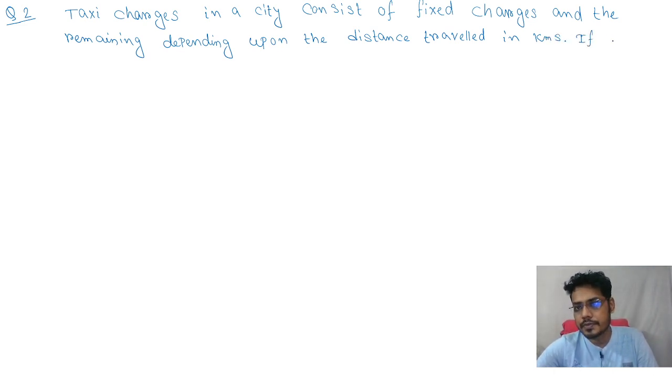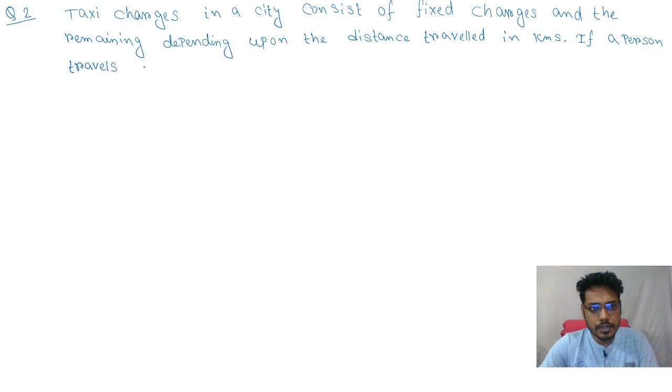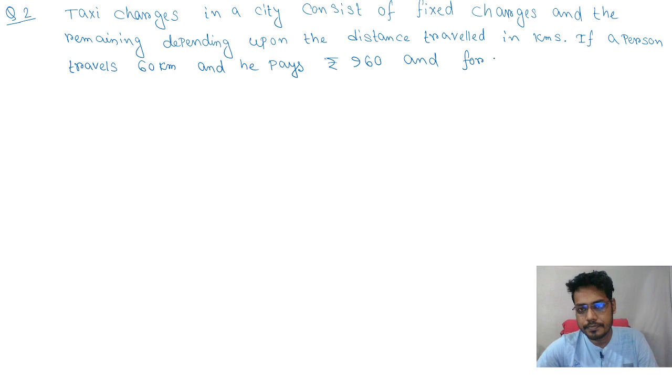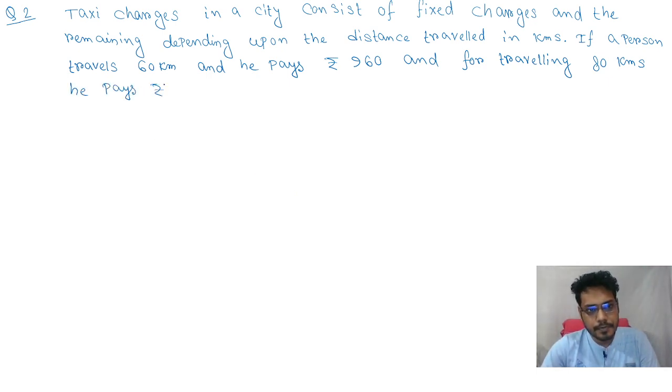If a person travels 60 kilometers and he pays rupees 960 and for traveling 80 kilometers he pays rupees 1260.